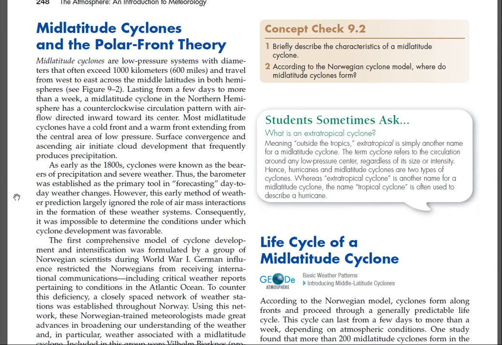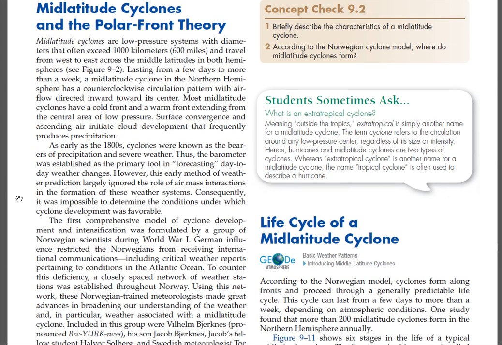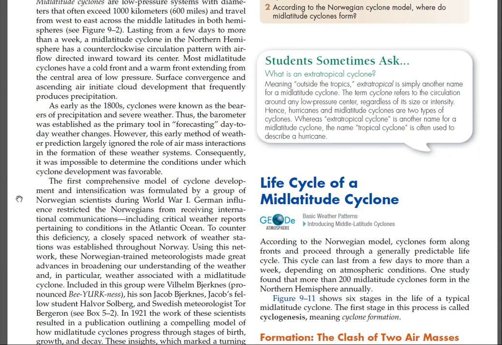Thus, the barometer was established as the primary tool in forecasting day-to-day weather changes. However, this early method of weather prediction largely ignored the role of air mass interactions in the formation of these weather systems. Consequently, it was impossible to determine the conditions under which cyclone development was favorable.